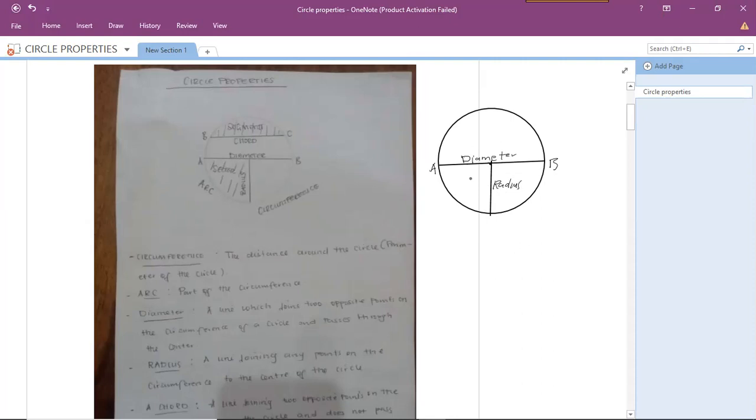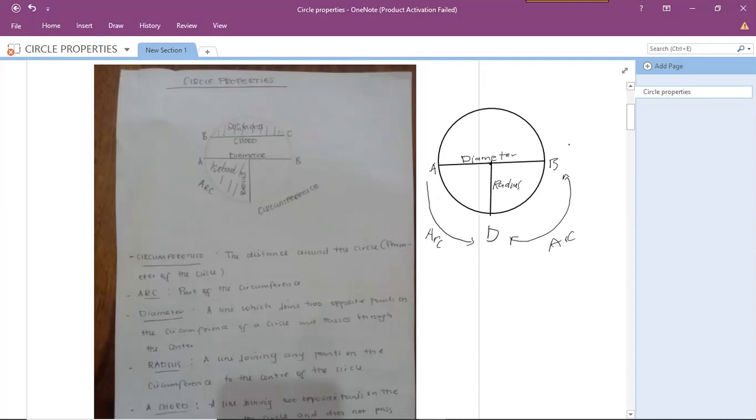You also have to understand something known as an arc. An arc is just any part of the circumference. Let's label this point D. The distance from A to D is a part of the circumference, so it would be called an arc. Also, the distance from D to B is a small fraction of the circumference, so it will also be called an arc.